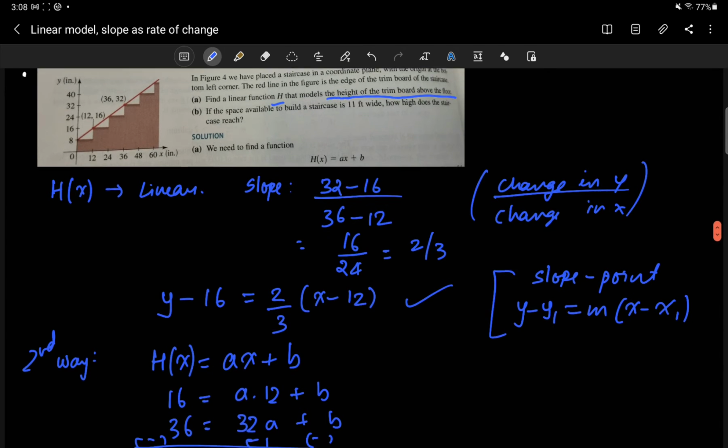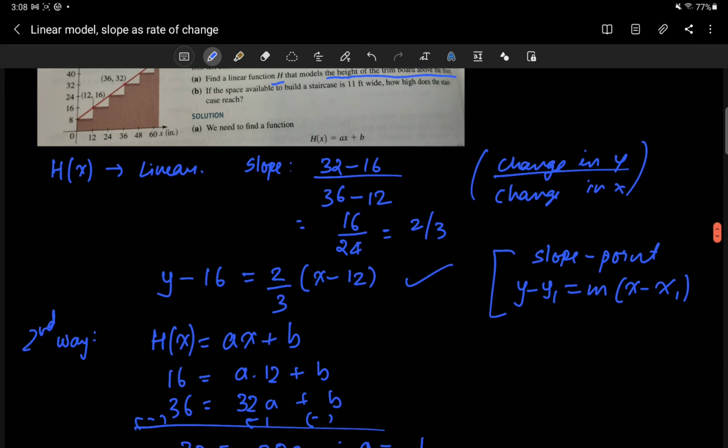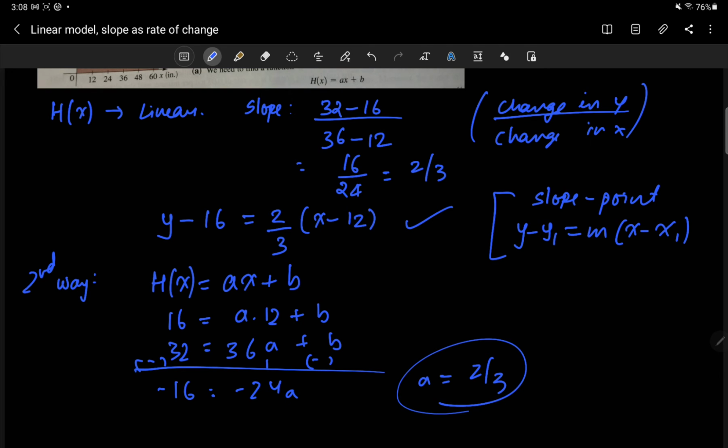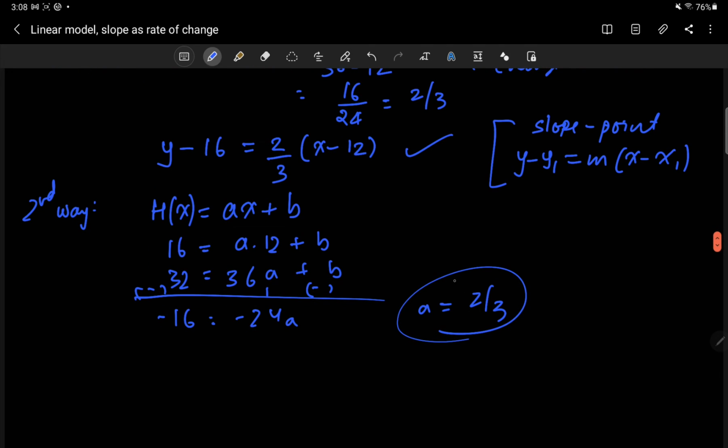This gives me negative 16 and this gives me negative 24a. So a is 2/3, like we have from above. And then once you have a, you plug in a and you solve for b, because your eventual goal is to find a and b to get the ax plus b form.